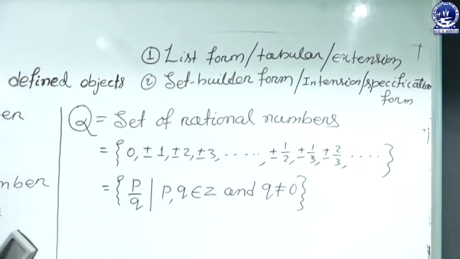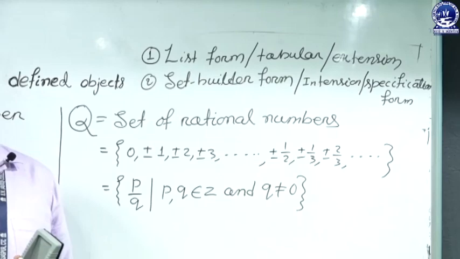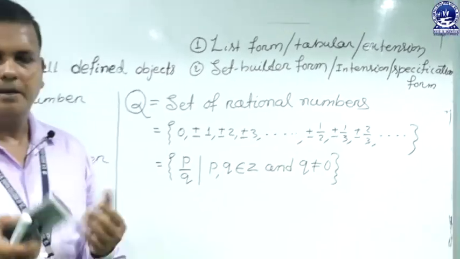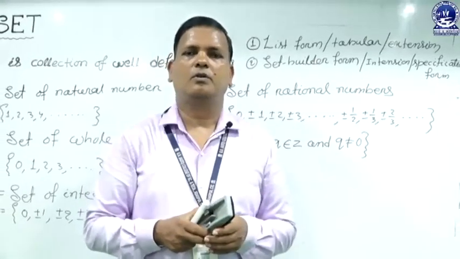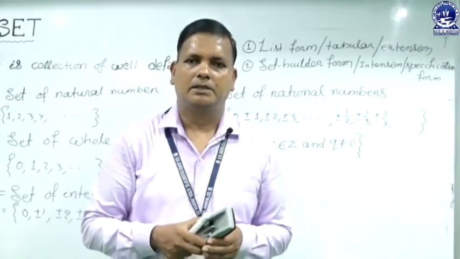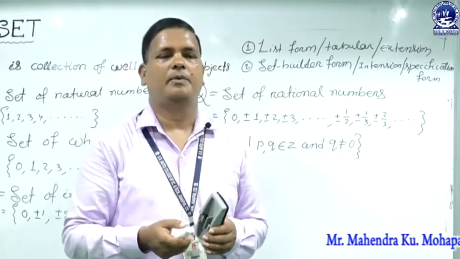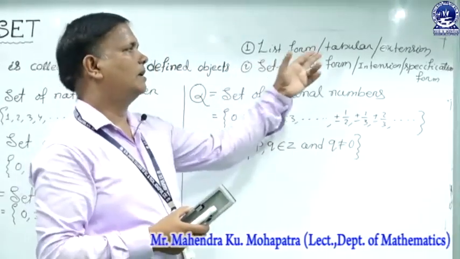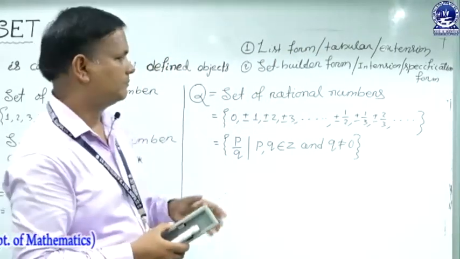So a set can be represented in two different forms or two different methods. These two methods are also called defining properties. The first one is tabular form, the second one is set builder form.